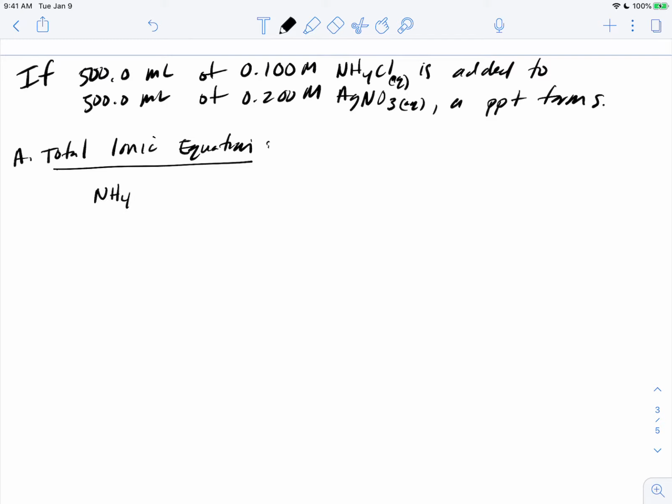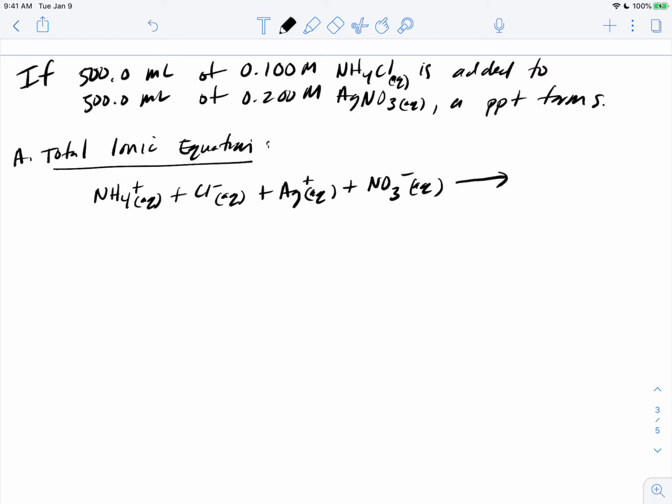NH4Cl aqueous is actually NH4 plus aqueous plus Cl minus aqueous, plus Ag plus aqueous plus NO3 minus aqueous. And then they would form, I'm going to do it all below because I ran out of room.